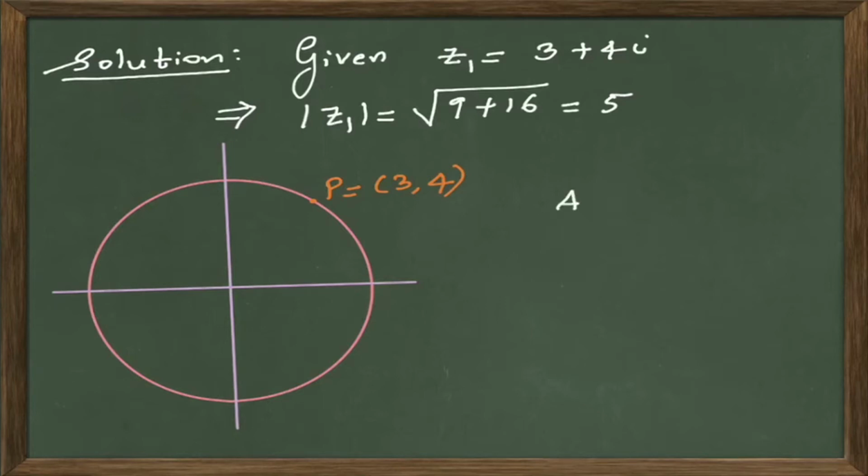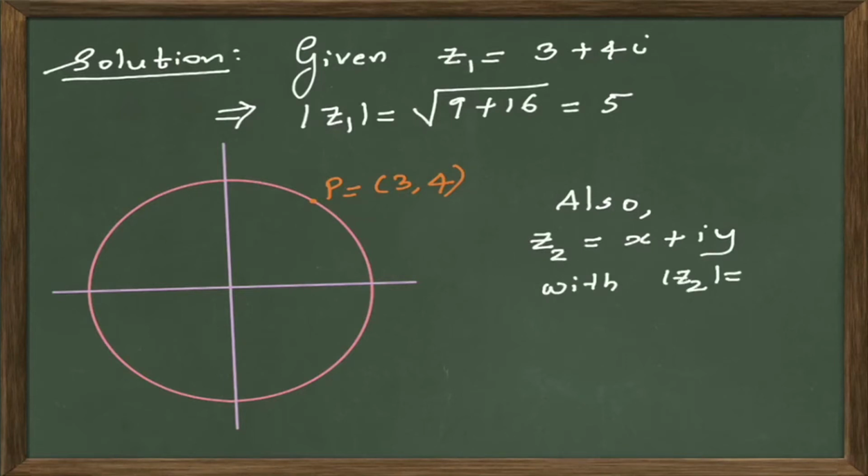Also, in the question we are given another complex number Z2 whose absolute value is 2. Let us write this complex number as x plus iy with absolute value equal to 2. Therefore, the point corresponding to Z2 lies on a circle of radius 2 centered at origin.